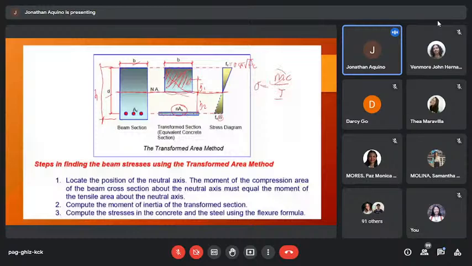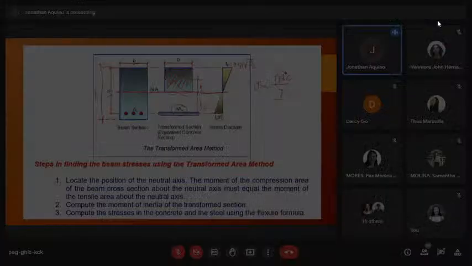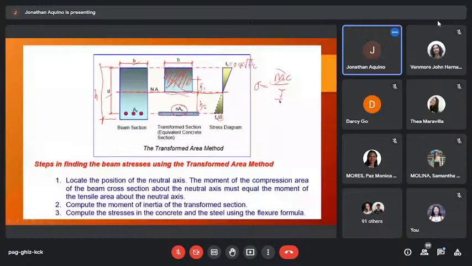Okay? So parang basic lang to ng mechanics ninyo. Mechanics of deformable bodies na yung flexure formula na derive nyo sa mechanics is simply just similar to the reinforced concrete. Kasi kinonsider natin to na homogeneous na kinonvert lang natin yung steel into concrete section para maging homogeneous siya.